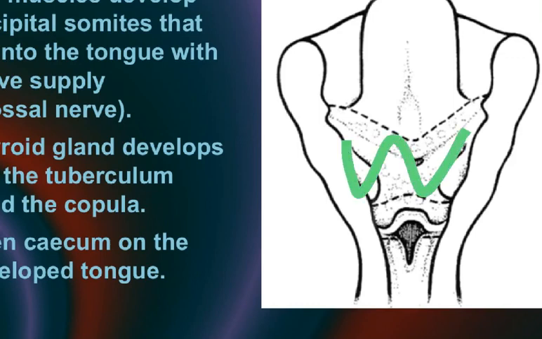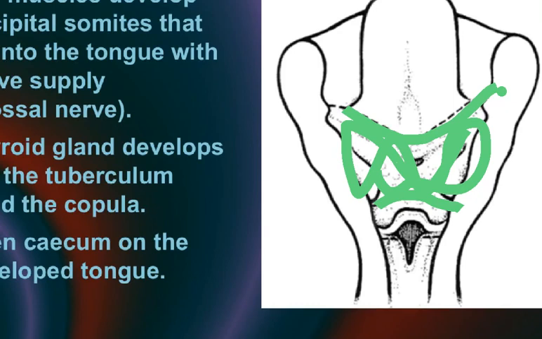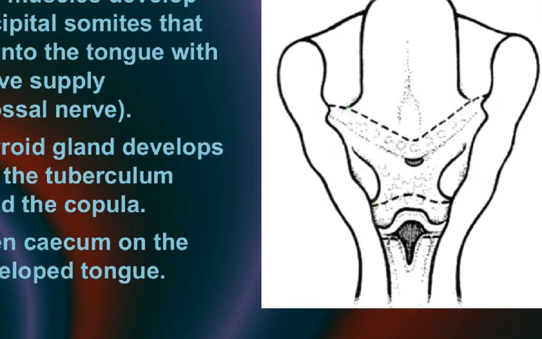This area here, the posterior one-third of the tongue, till this boundary here, between the two boundaries. And this part here is called the most posterior part of the posterior one-third. And the epiglottis area here, they have different embryologic origin.